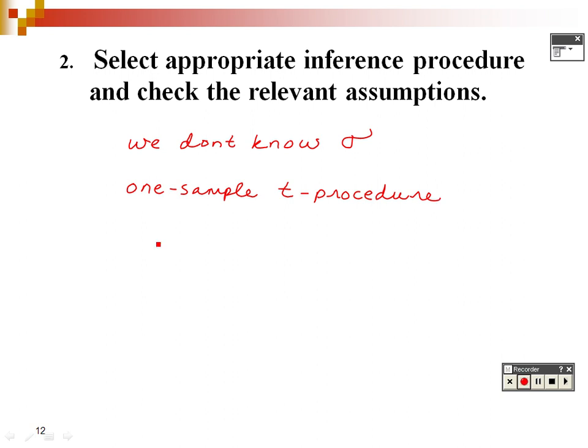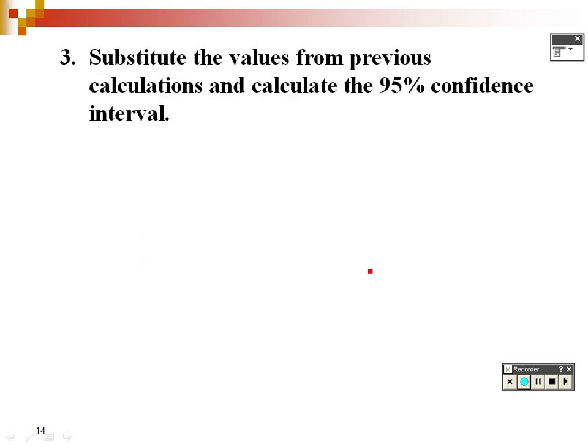The things we should always check, is it from an SRS? Yes, it says in the problem it's an SRS. Is it normal? Well, I looked at a normal probability plot and check. It was close enough. Okay. So now we actually want to work with the data. So you go to your one variable statistics and you come up with X bar.